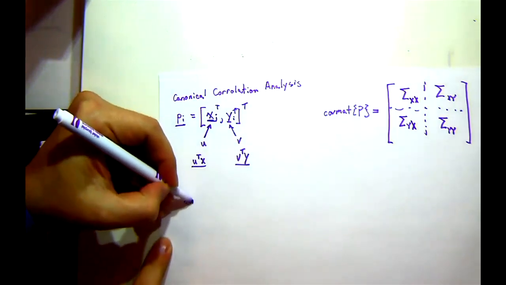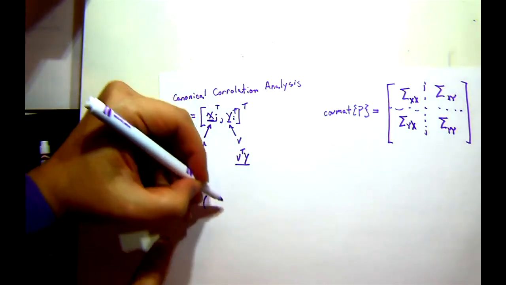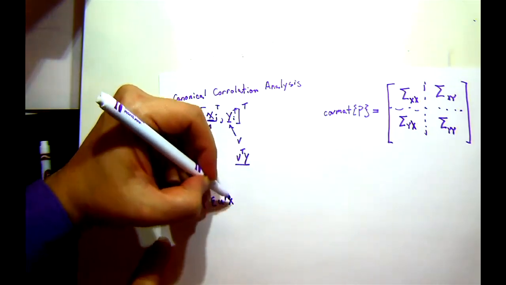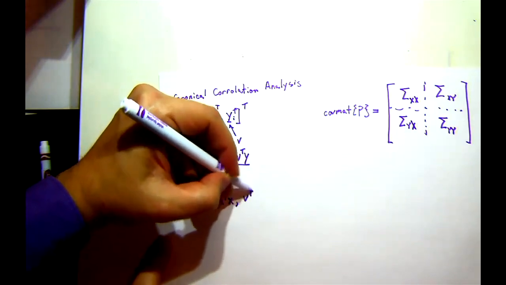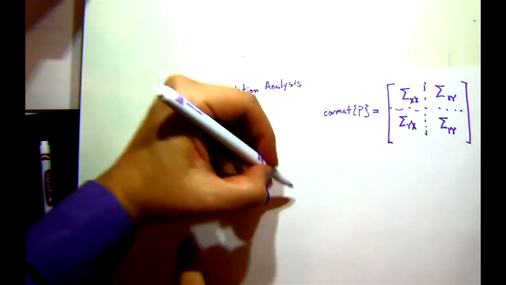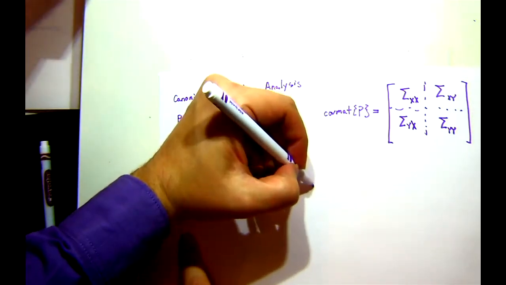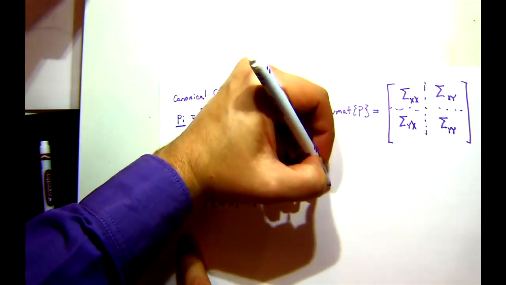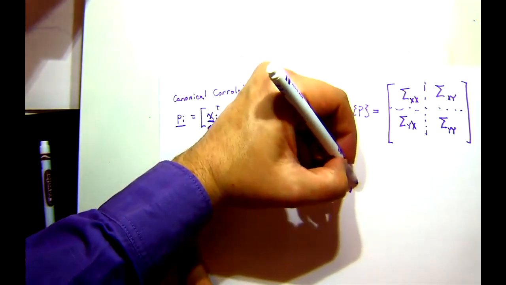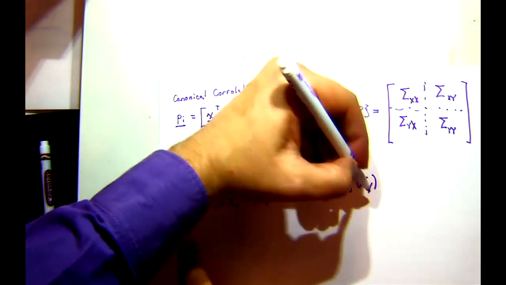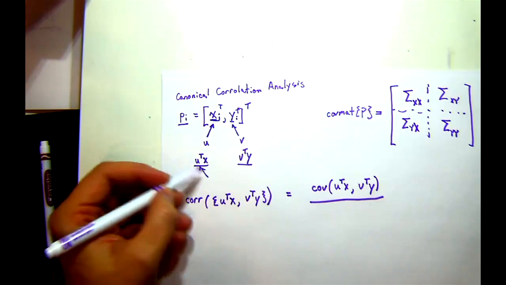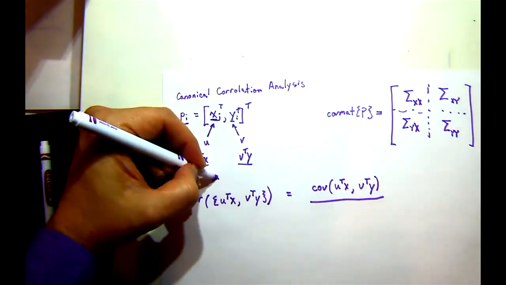So what we want to minimize is going to be the correlation between the U transpose X and the V transpose Y data sets. This is going to be just equal to the covariance between U transpose X and V transpose Y. Remember, this is set up so that these are both scalars.